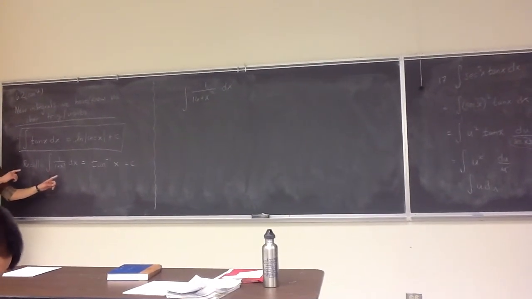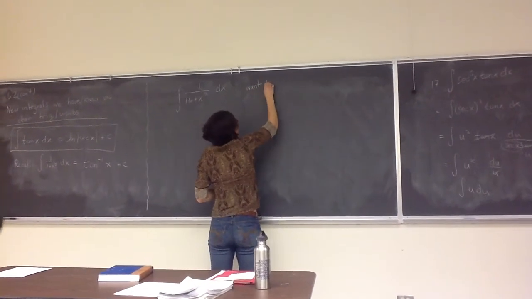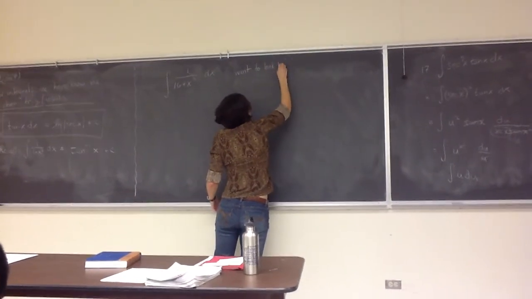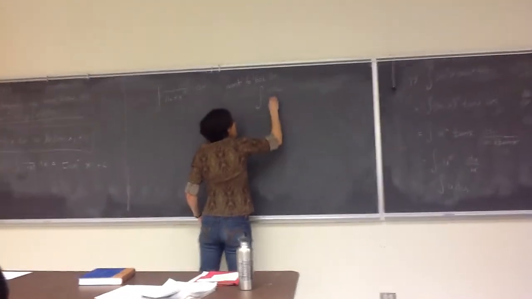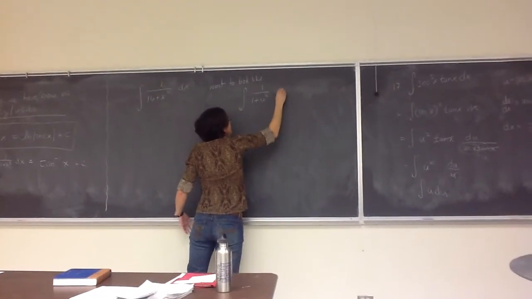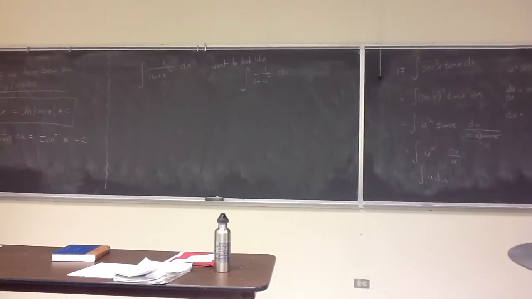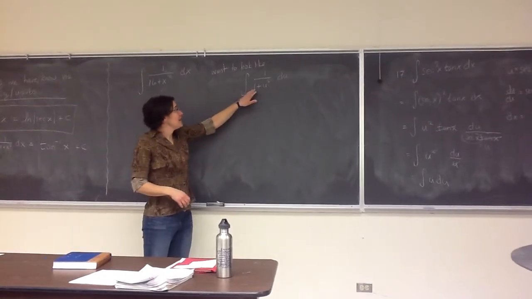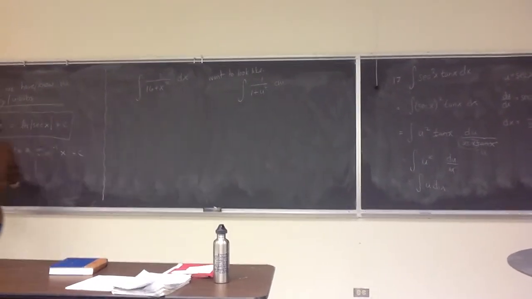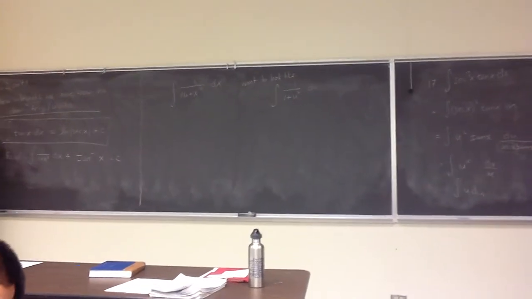Now, what might happen is variables might change, but we want this to look like the integral of 1 over 1 plus maybe some other variable squared, maybe I'll call that u, du. So I need to get a 1, that is the most important piece. I need a 1 in that denominator. Right now I have a 16.